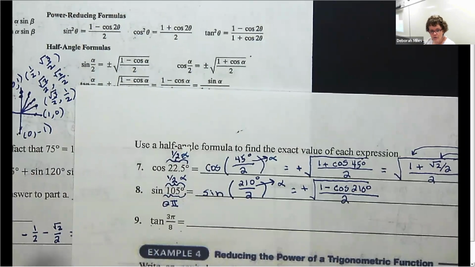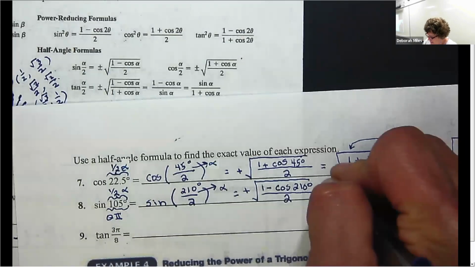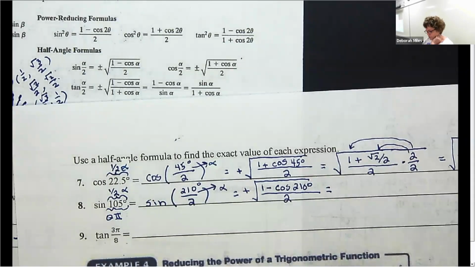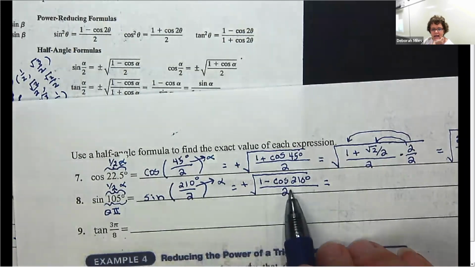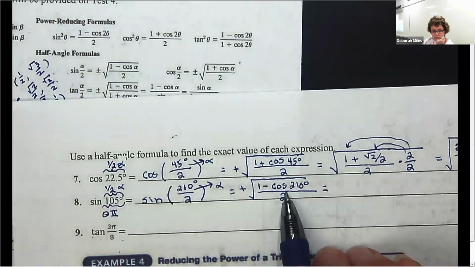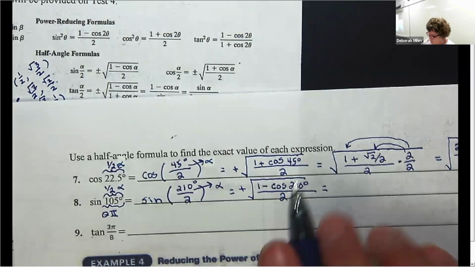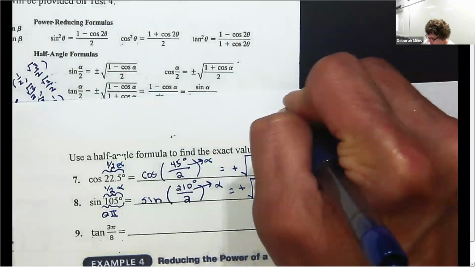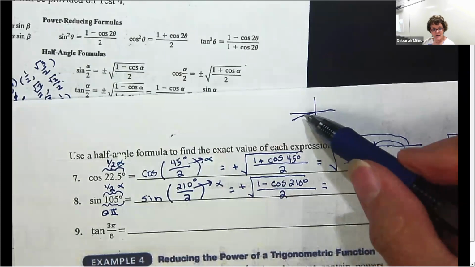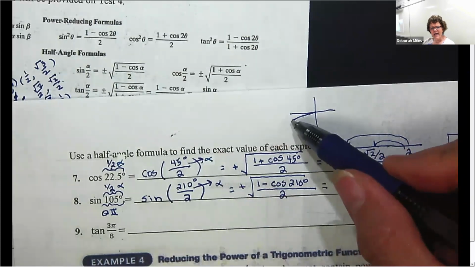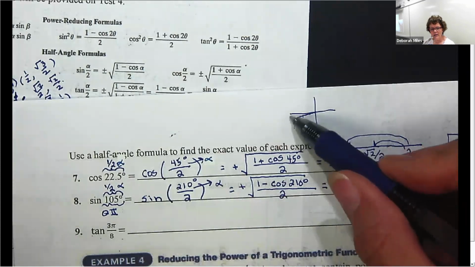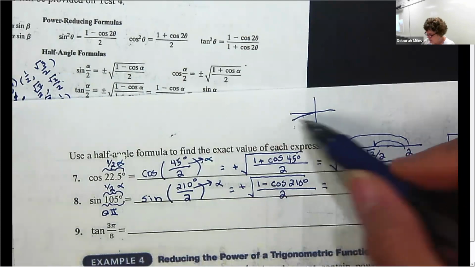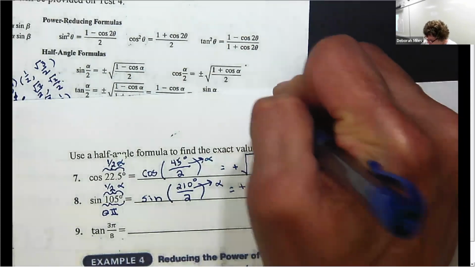And what's the cosine of 210 degrees? Is that closer to the x-axis or to the y-axis? 210 degrees is just past 180 degrees. So is it my x or my y that's close to -1 here? My x was -1 here.